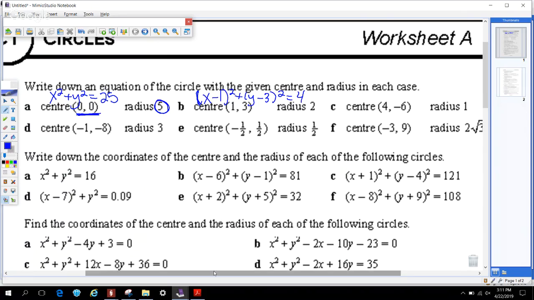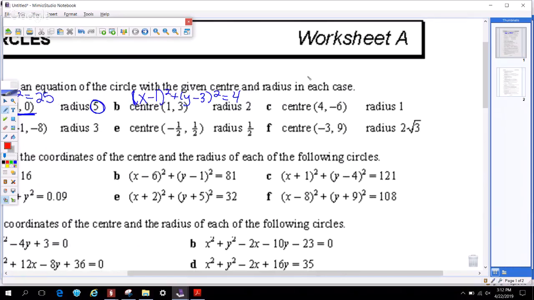Now, I do want to go look at letter F. What's different about letter F compared to the other ones? Yes, the radius has a radical. So let's talk about how to square things when the radius is a radical. This is the same thing as saying 2 square roots of 3 squared, which is 2 square roots of 3 times 2 square roots of 3, which is the same thing as saying 2 times the square root of 3 times 2 times the square root of 3.